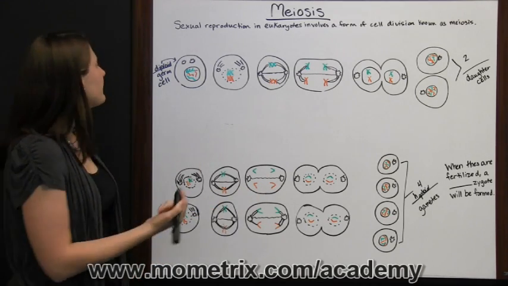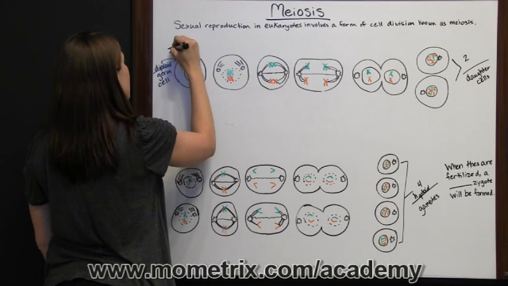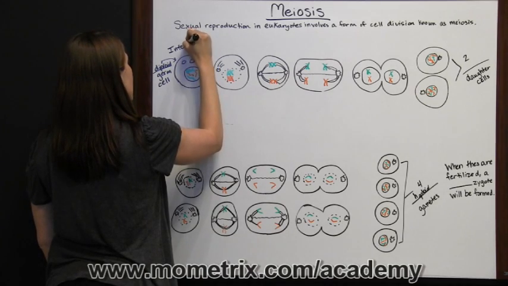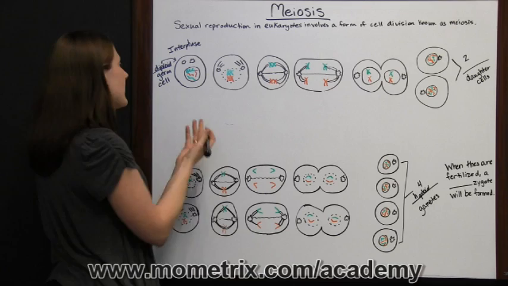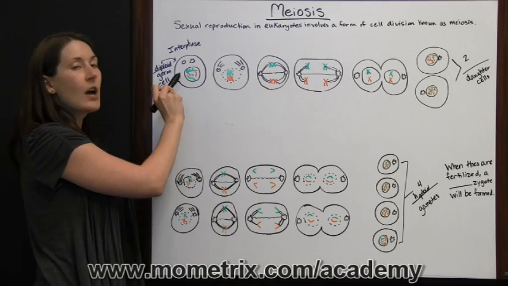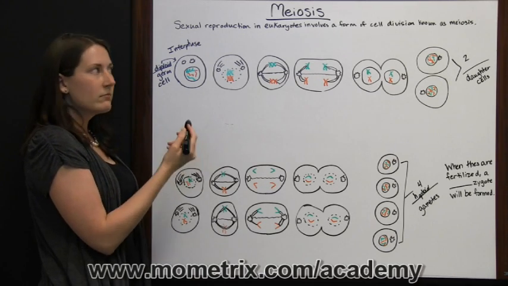So, in this first part, this would be interphase. It's kind of before meiosis starts, but it has to do with it because this diploid germ cell contains genetic information from both a maternal and paternal parent.